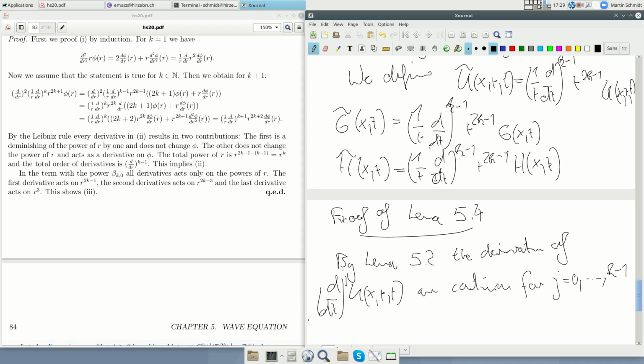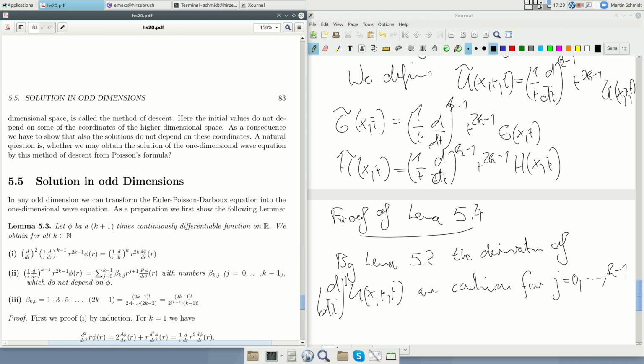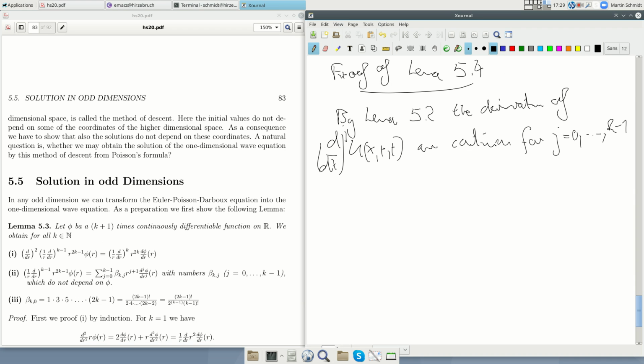Since the u is the mean, and we assumed that they are k plus 1 times differentiable, then of course they are all continuous.